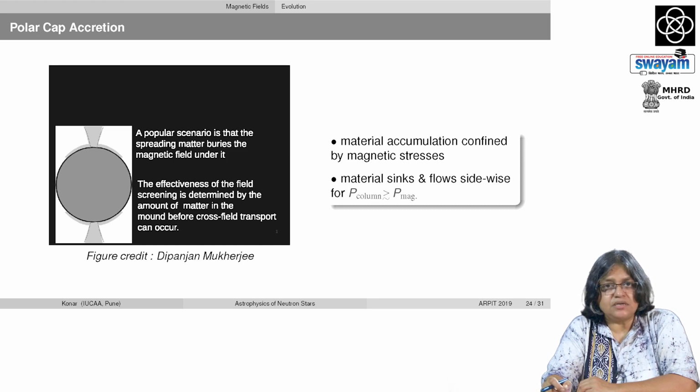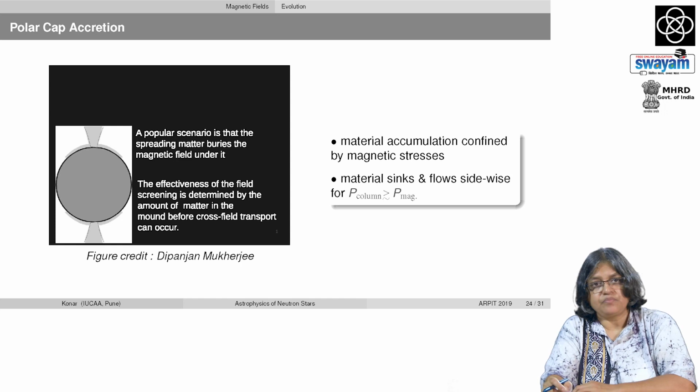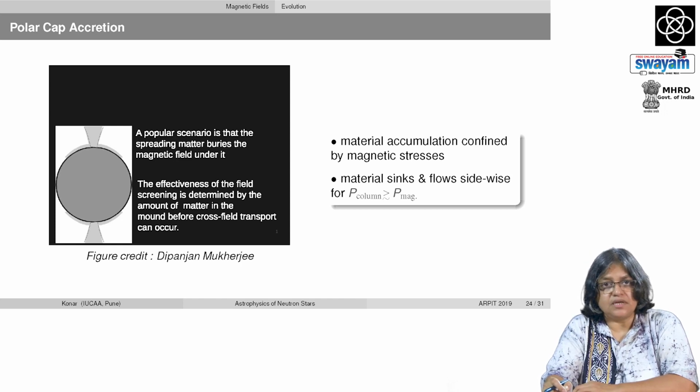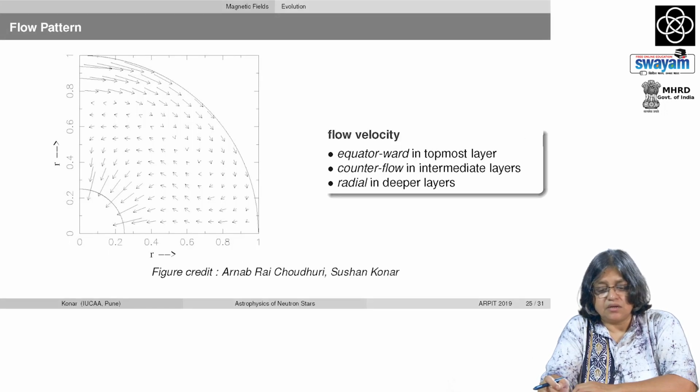The material accumulation happens at the polar cap, and this material is confined by the magnetic stresses, and the material remains accumulated on the polar cap, forming a mountain on the polar cap as long as the pressure of this column does not become larger than the pressure of the magnetic field, which is sustaining this pressure.